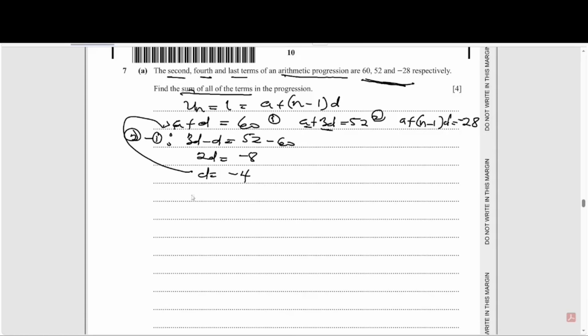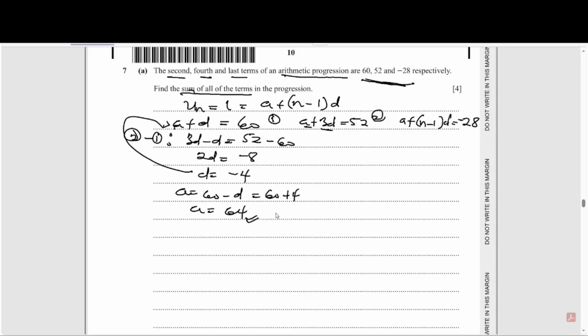So from that, we see that a is equal to 60 minus d. That is 60 plus 4. So a is equal to 64. So our first term is 64. Our common difference is negative 4. That means our AP is reducing as we increase the terms.